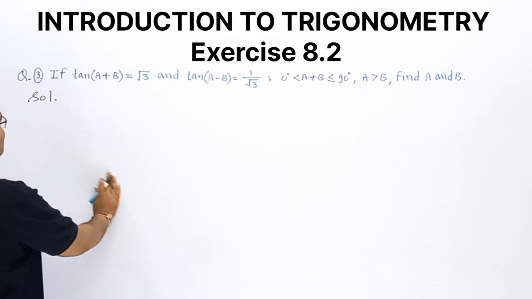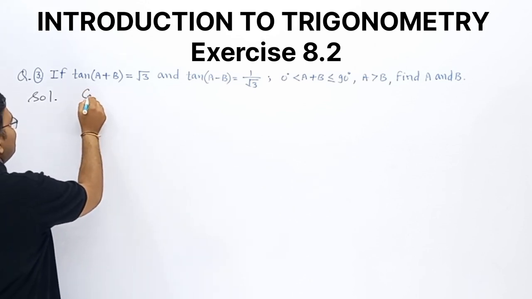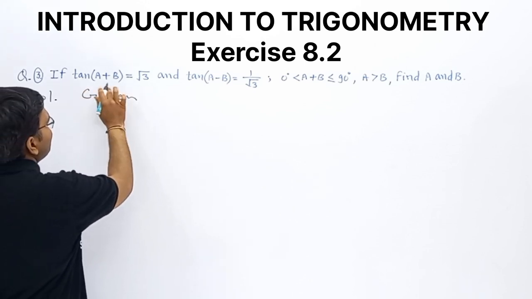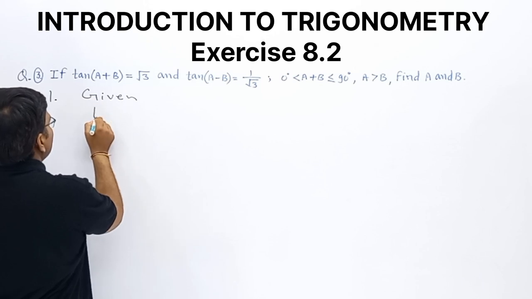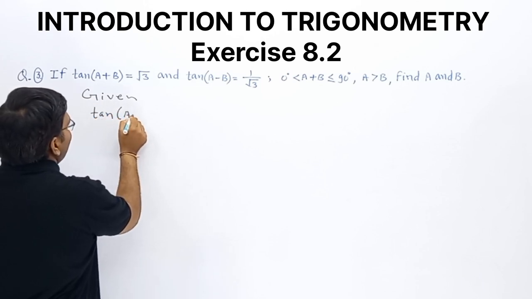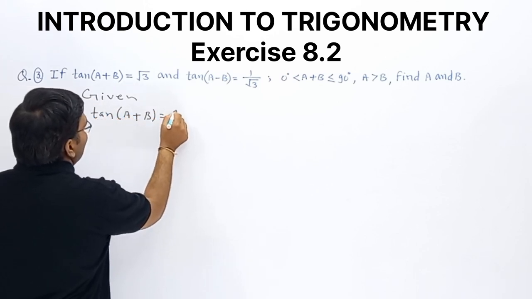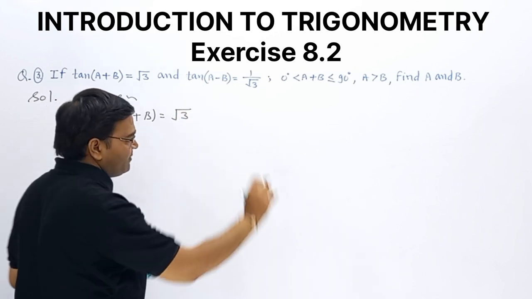In the solution of this question, first, what is given in the question? We have two things. First, tangent of A plus B is equal to square root of 3.